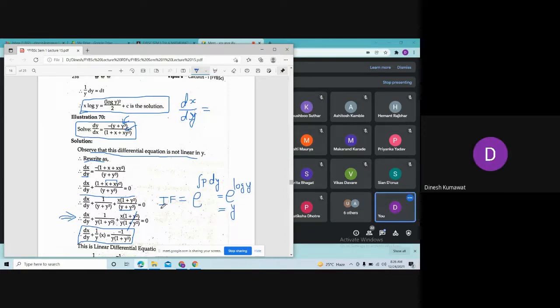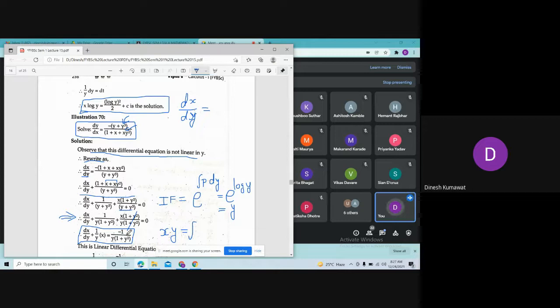So what is our final answer then? What is the general solution then? Yes, sir, x into integrating factor is equal to integration of Q into integrating factor dy plus c.